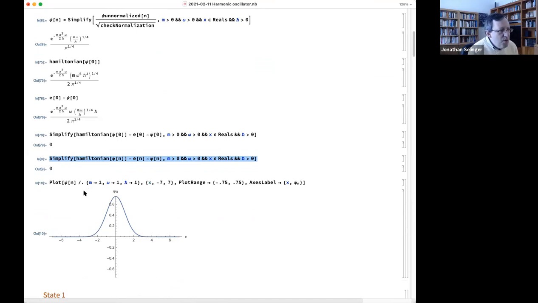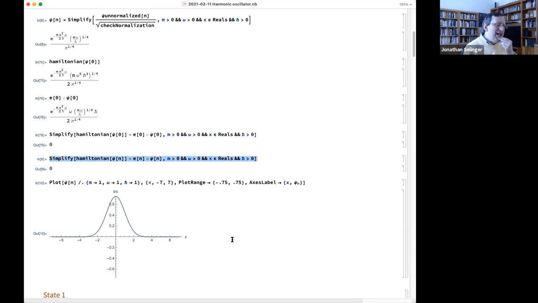With those numbers, the wave function looks like this. This is a Gaussian function, so it has a peak right at x equals 0, and then it goes down and asymptotically decreases toward 0 as you get out to large x.